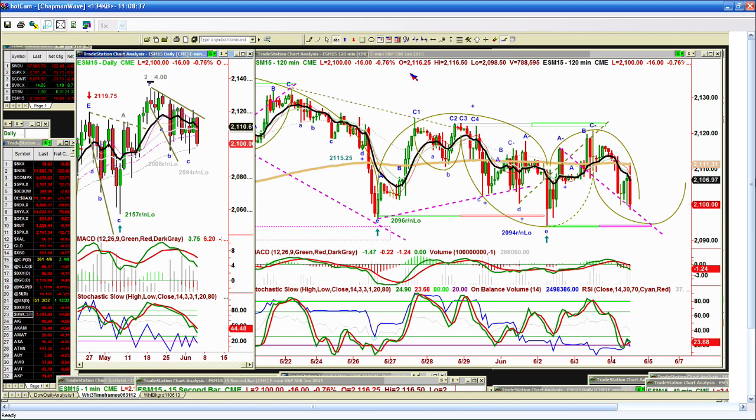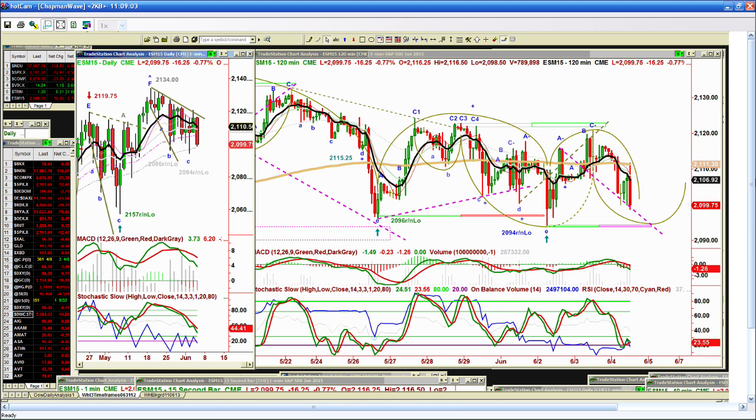So there's a sell signal, sell mode in the E-minis, and that suggests that we've got to watch the low of 2 days ago, 2094, round number low. We take that out, and a whole bunch of things start to take place.